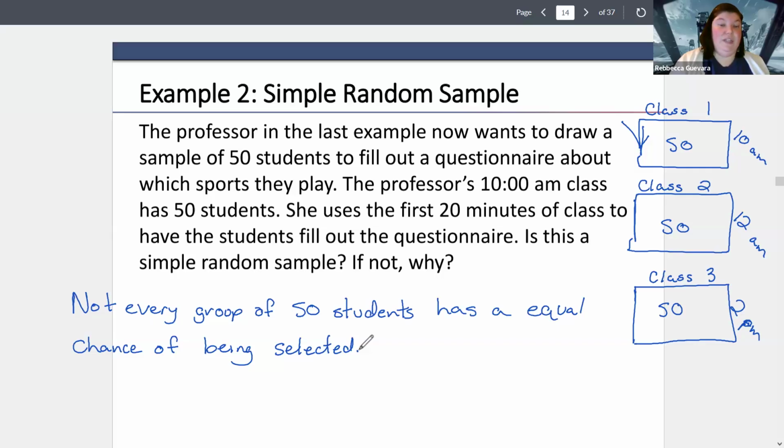Because they do not all have an equal chance of being selected, this is not simple random sampling.